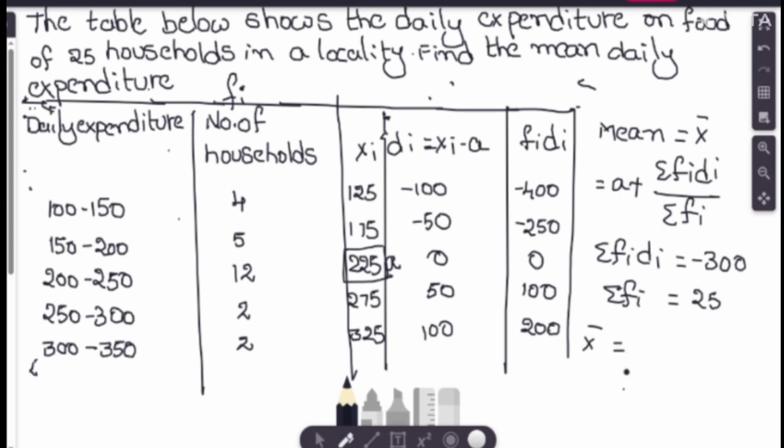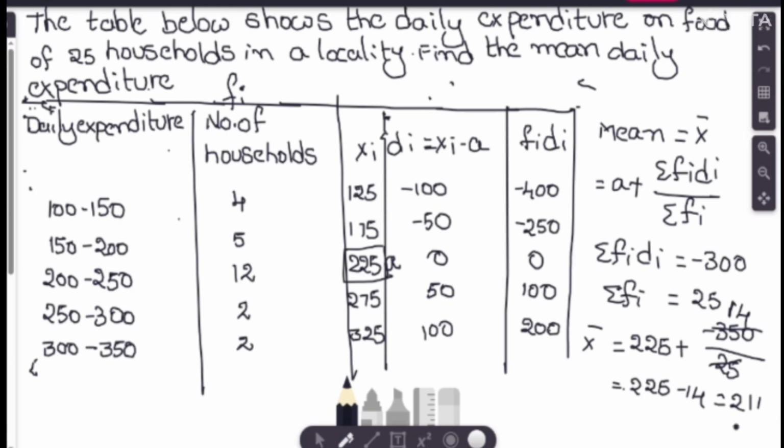A means 225 plus minus 350 by 25. How many times will 25 divide this? 125 is 5 times 25, remainder 10, 100, 4 times, so 14. So 225 minus 14 is 211. Same answer we got by using the direct method also.